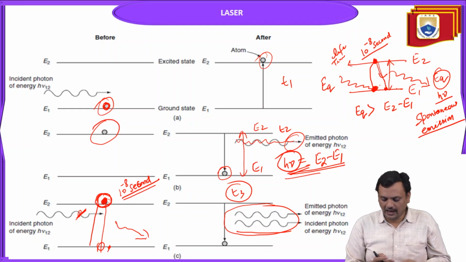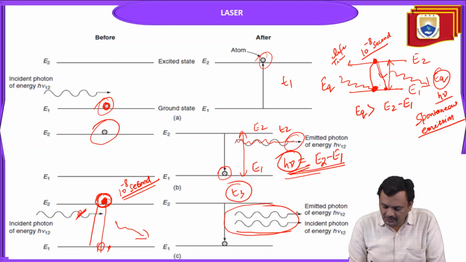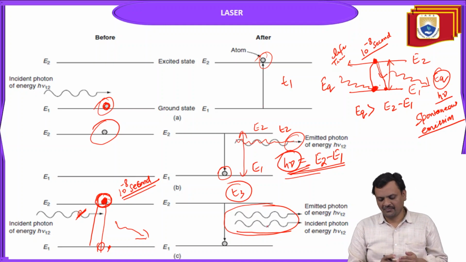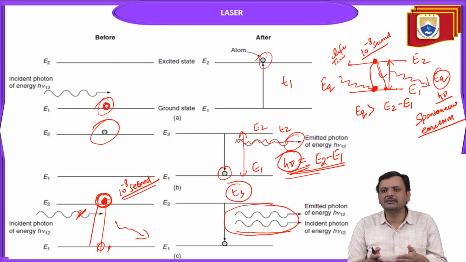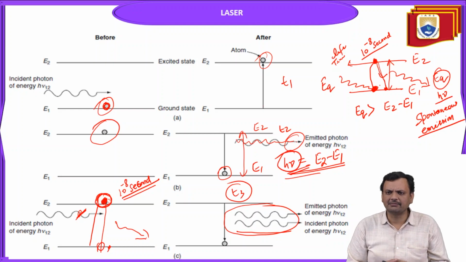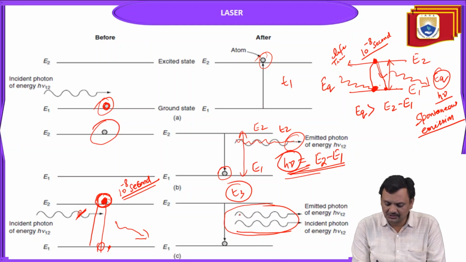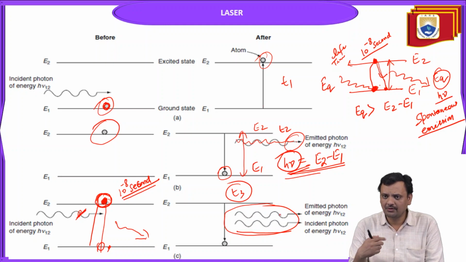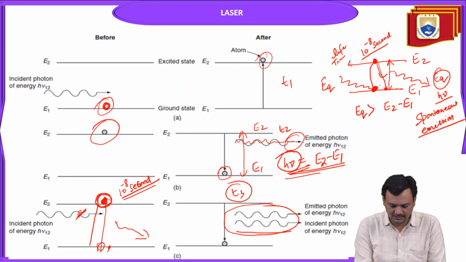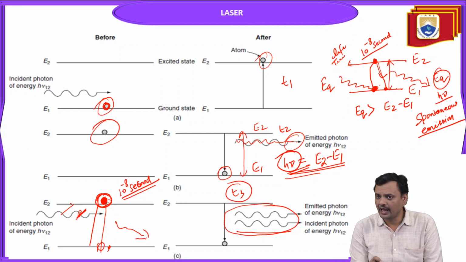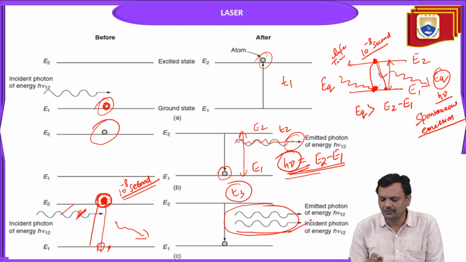And whatever photon is generated by this phenomenon is known as a stimulated emission photon, or simply stimulated emission. So now one photon is responsible for generation of two photons. Actually, it is initiated by a single photon, and as a result you are getting two photons.